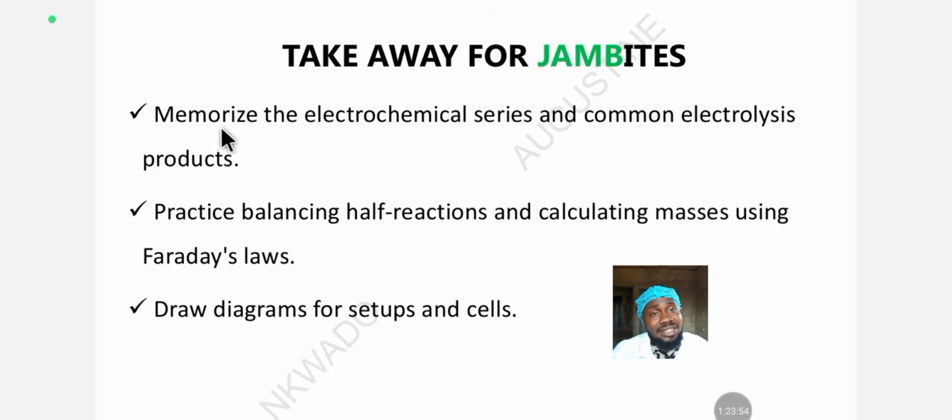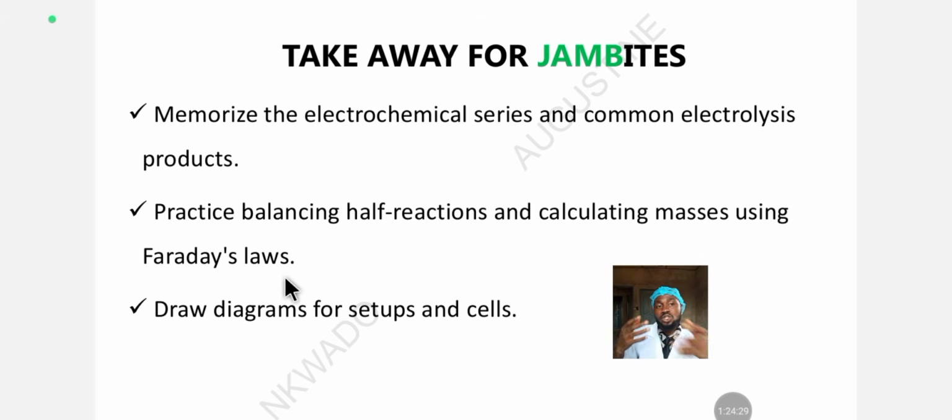So my takeaway for all JAMB candidates in this lecture. The first here is memorize the electrochemical series and common electrolysis products, such as the ones we just discussed. But I already told you how to smartly detect the elements that are going to be discharged during the electrolytic process, provided you are told the electrolyte that was used. You should be able to select among the options the products that were given off during such electrolysis. But it's good to learn them so that they will not deceive you with 2 non-metals and 2 metals, okay?